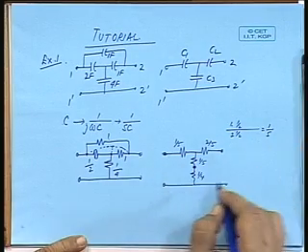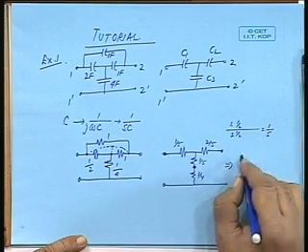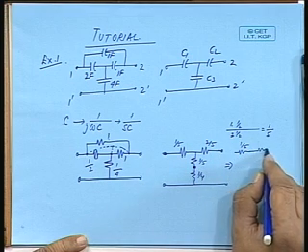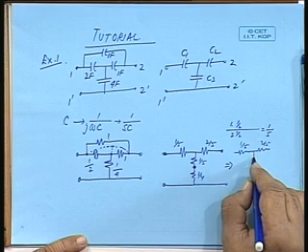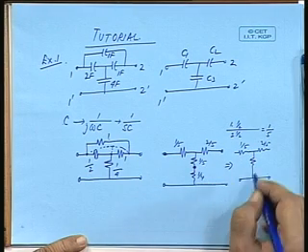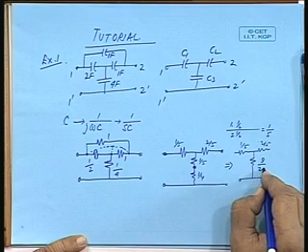So, you get 1 by 5, 2 by 5 and 1 by 5 plus 1 by 4, which is 9 by 20.